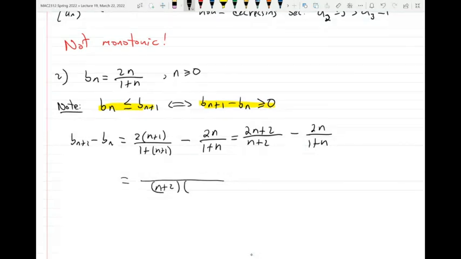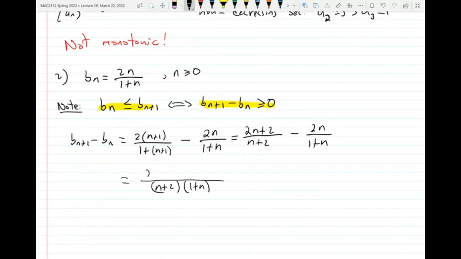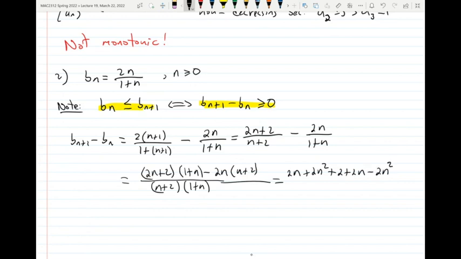So this would be (2n plus 2) over (n plus 2) minus 2n over (1 plus n). So with common denominator (n plus 2)(1 plus n), you get (2n plus 2) times (1 plus n) minus 2n times (n plus 2). And clear denominators and all of that business. So we get, clearing parentheses, 2n plus 2n squared plus 2 plus 2n minus 2n squared minus 4n, over n plus 2 times n plus 1.